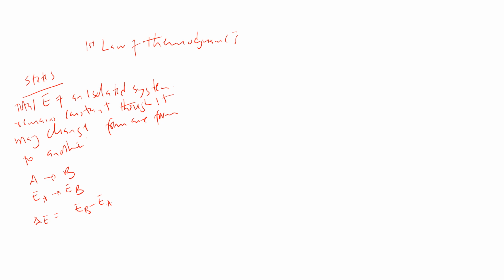So this energy change is brought about by the evolution or absorption of heat or by work being done. So we can determine it basically through the absorption of heat and or by the work done by the system.